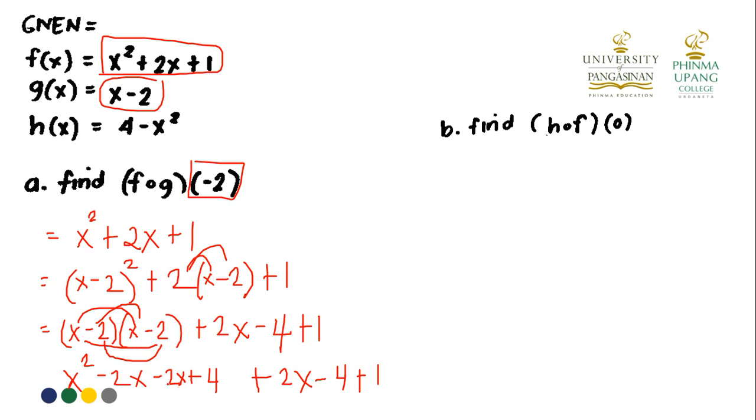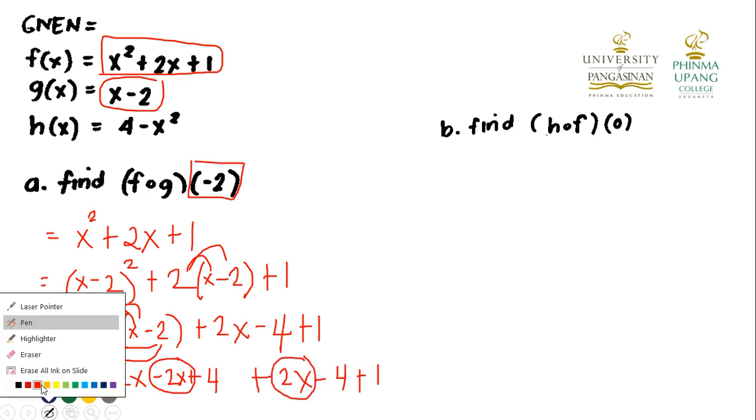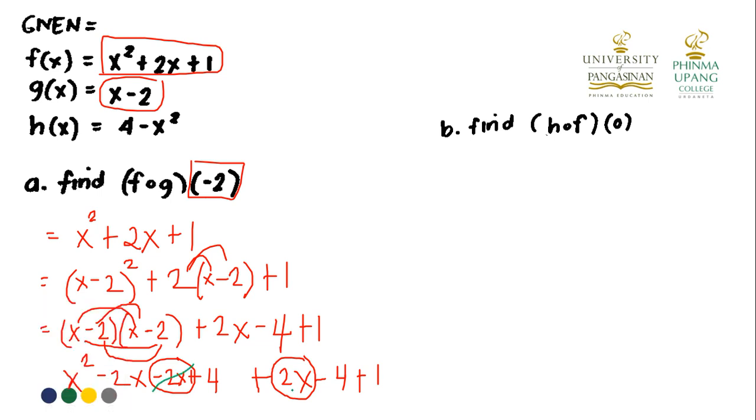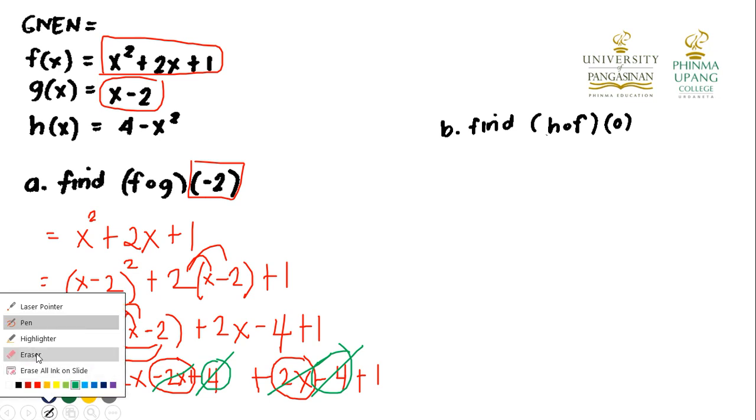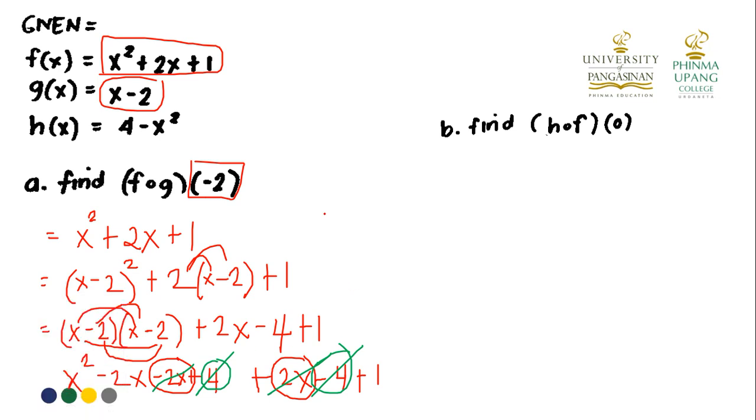So, we will now add like terms. This is negative 2x, then negative 2x. So what happens is they cancel, and the others cancel too. Then the positive 4 and the negative 4 also cancel. So our equation, which I'll put above, is x squared minus 2x plus 1.